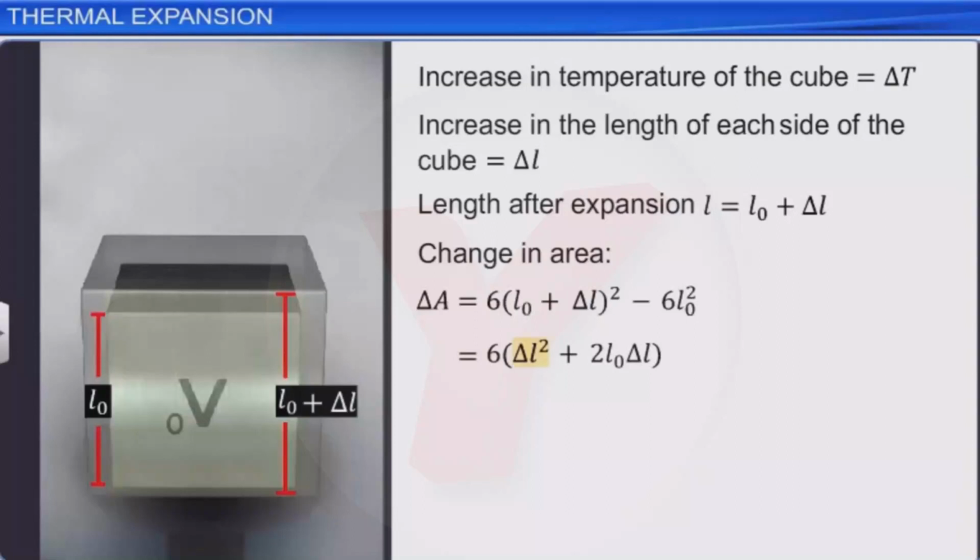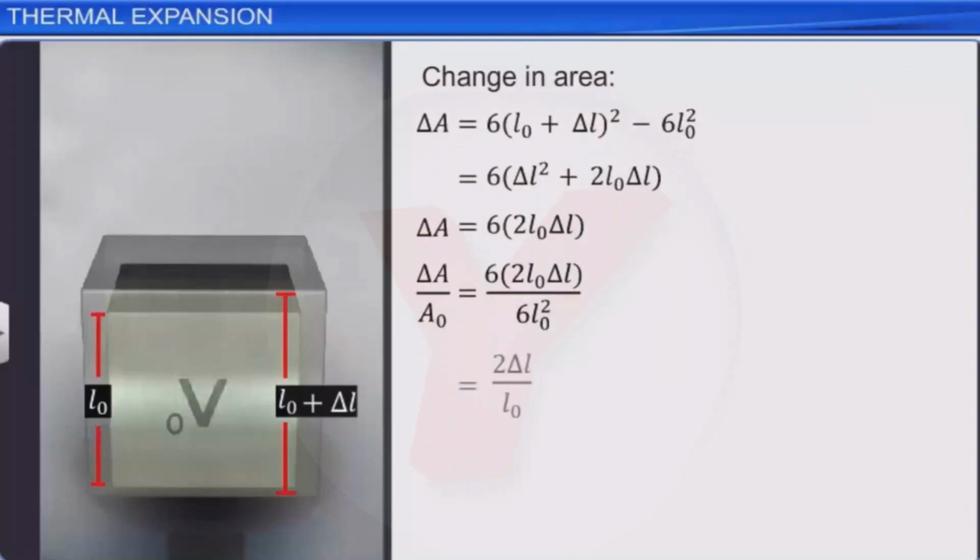The term delta L square can be ignored as the value is negligible. Then we get delta A equal to 6 into 2 L0 delta L. Now, dividing delta A by A0, we get 6 into 2 L0 delta L by 6 L0 square. On further simplification, we get alpha A equals 2 alpha L. Let this be equation 1.